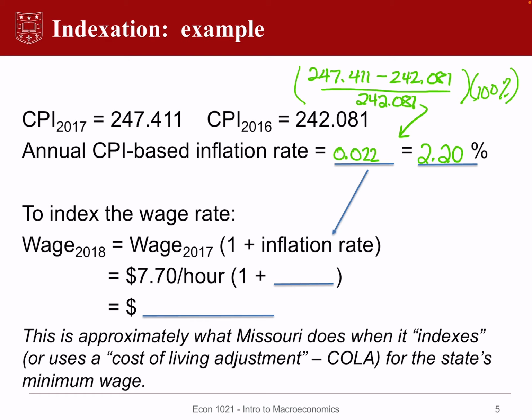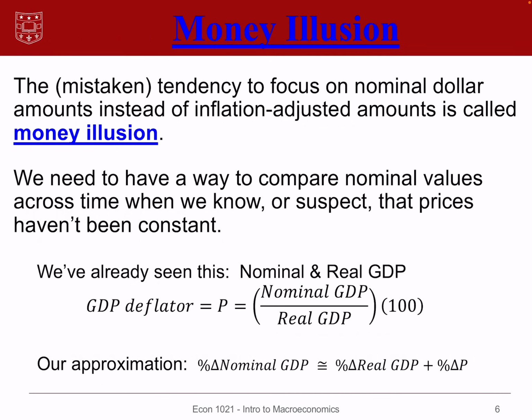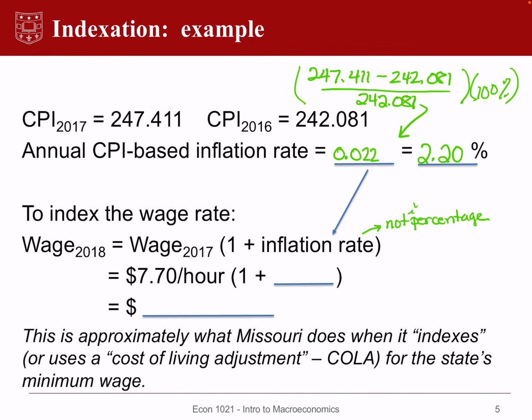To index a wage rate, what we're going to do is put in not the percentage, but just the level, the value of the inflation rate. So specifically, in Missouri, for instance, in 2017, the minimum wage was about $7.70 per hour.